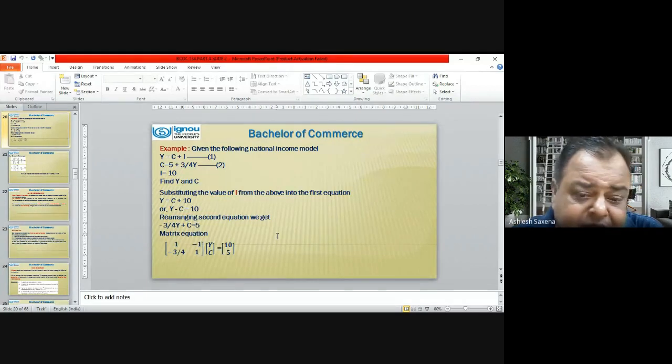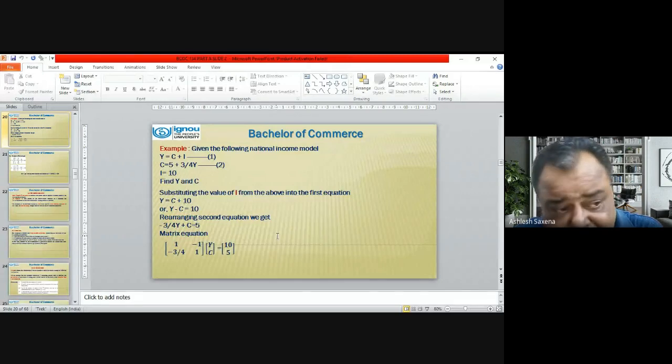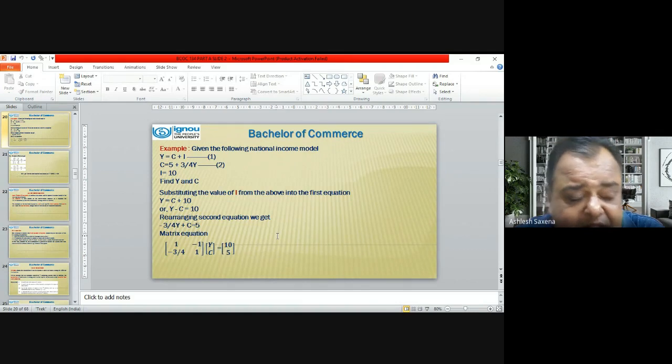What we will be doing is simply substituting the value of I in equation number 1. That will become y is equal to c plus 10. As we did in our previous problem, we took all the variables on one side and the number on the other side. Here in this case, it will be y minus c equal to 10.